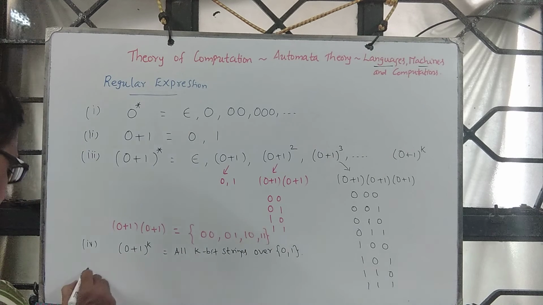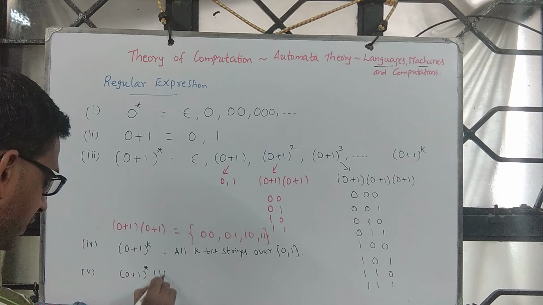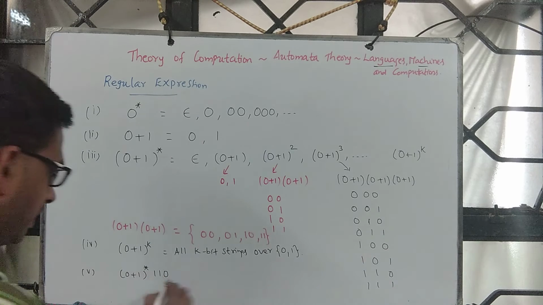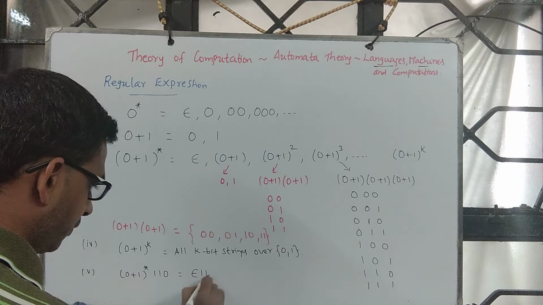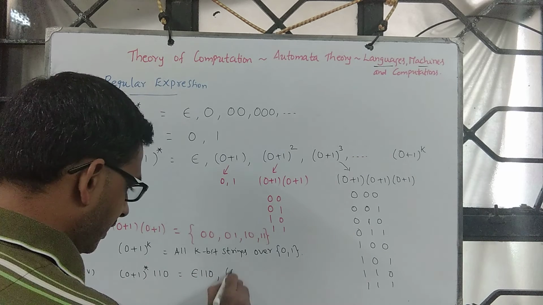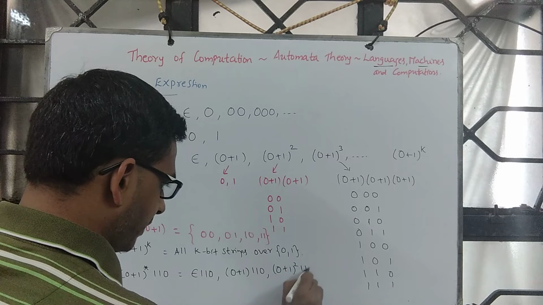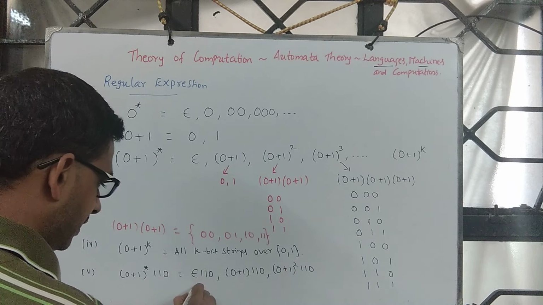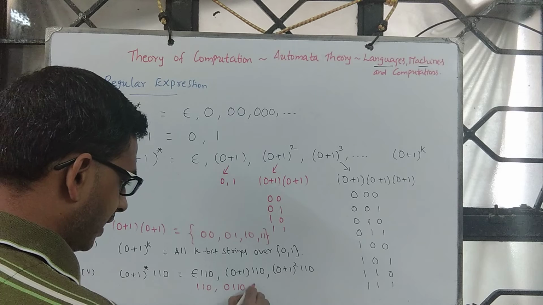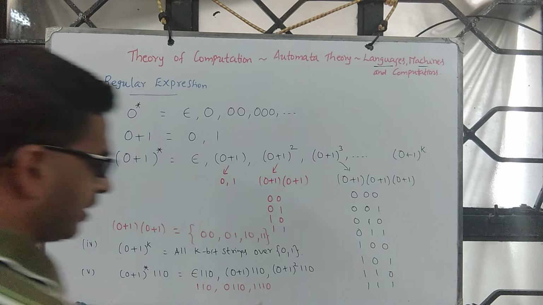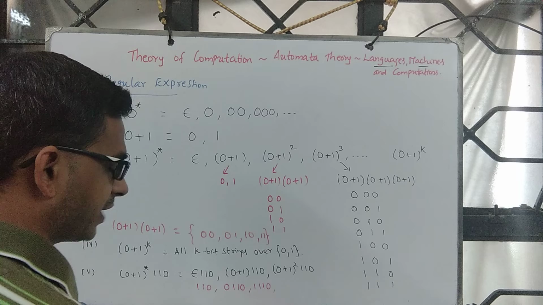Fine. When we say (0+1)* followed by say 110, from this you may get epsilon, so epsilon followed by 110, or it could be (0+1) followed by 110, or it could be (0+1) square followed by 110. The first is equivalent to saying 110. From the second you may take 0 followed by 110, or 1 followed by 110. From the third you may get 4 possible strings, with each of them one can concatenate 110.